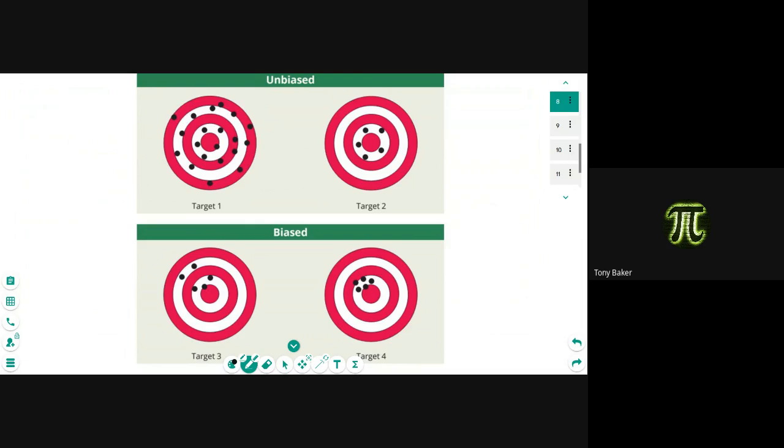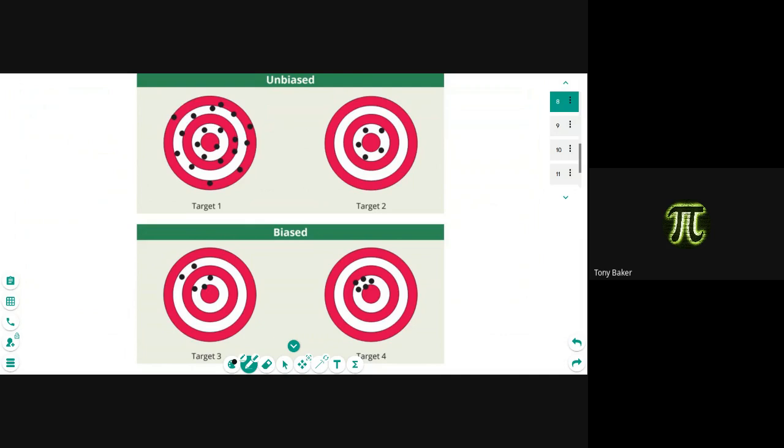The top two targets are unbiased. The bottom two targets are biased. Why? That was going to be my question. So the top two are equally spread around the center.